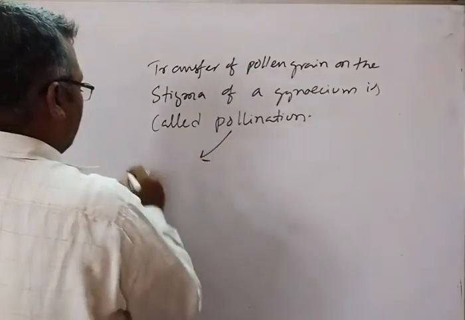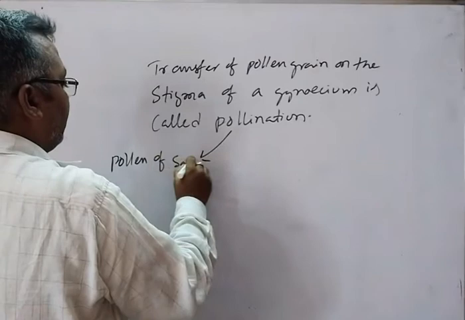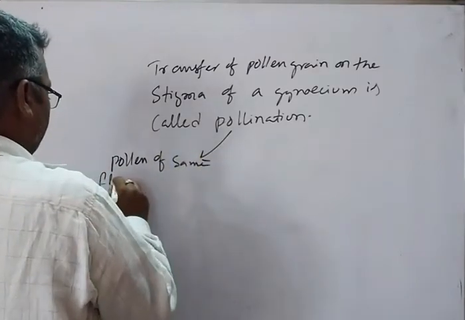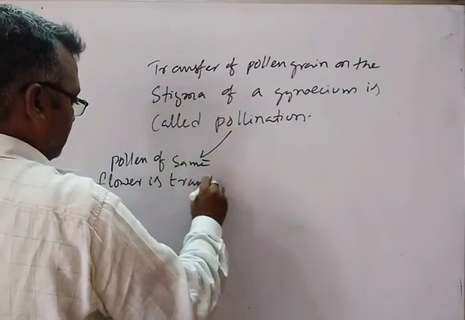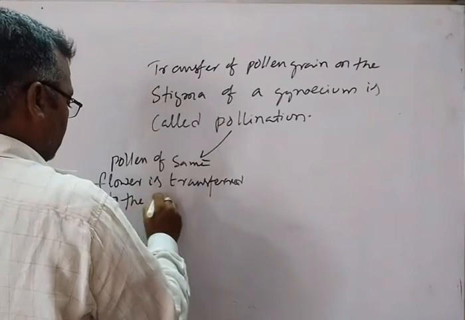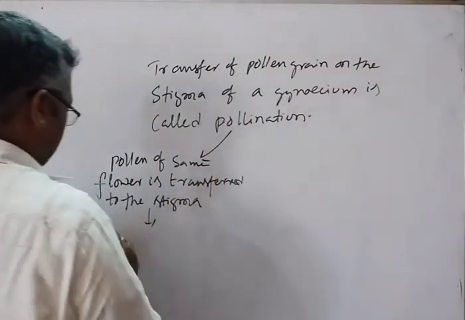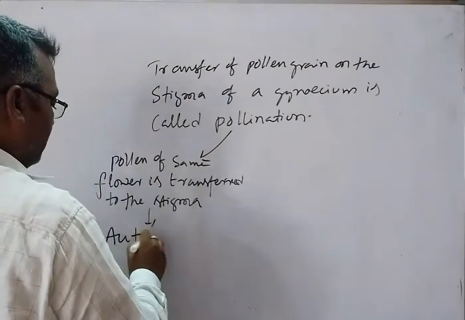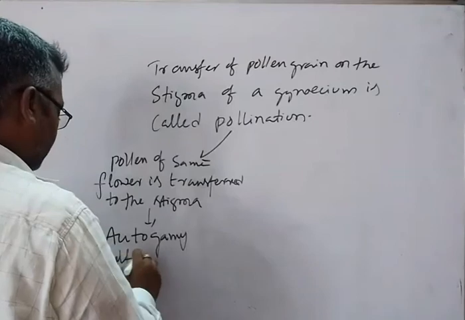If pollen of the same flower is transferred to the stigma, then it is called autogamy or self-pollination.